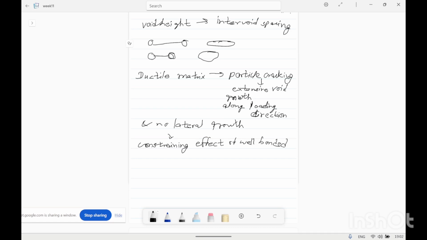There is no decohesion and the particles are cracking during the deformation, so a constraint will be there on the matrix deformation. Because of the well bonded particle cracking, the matrix deformation will be constrained.